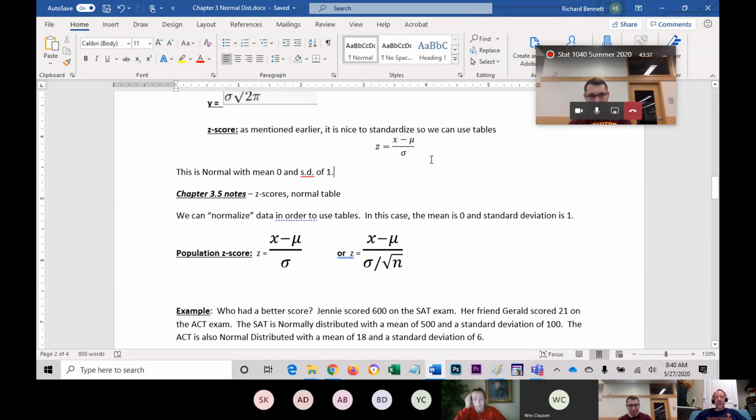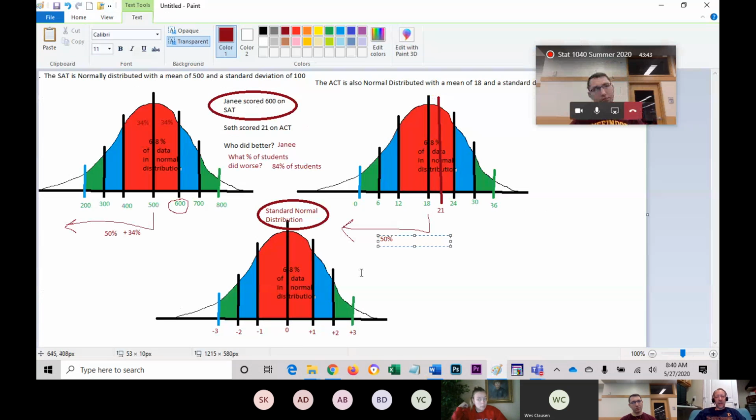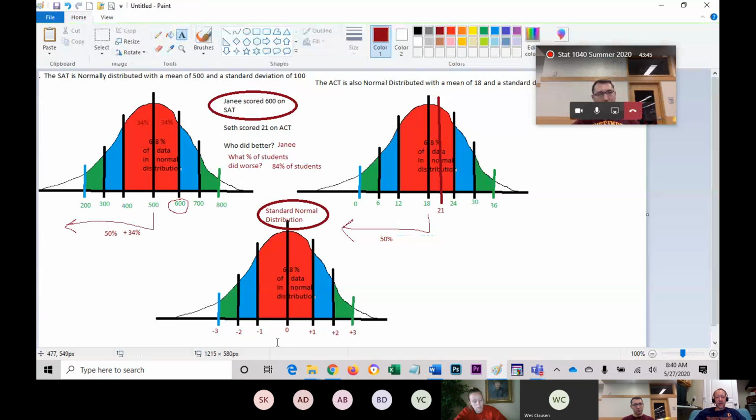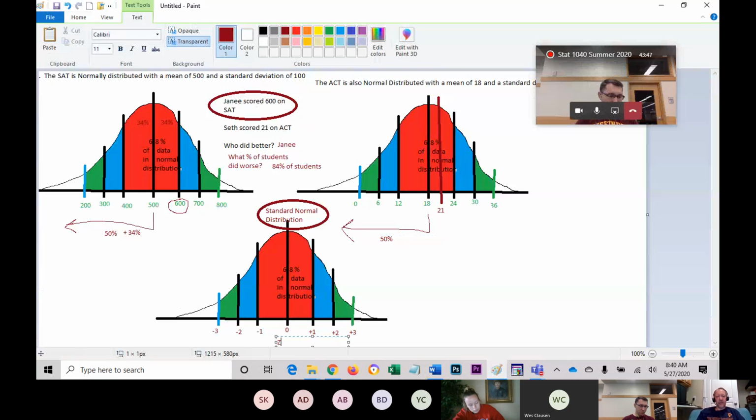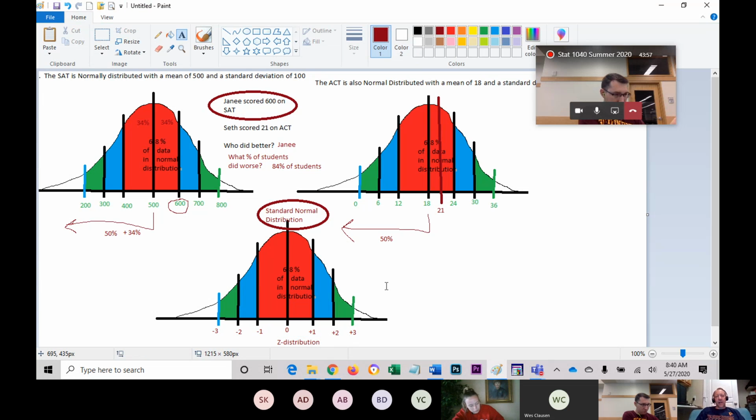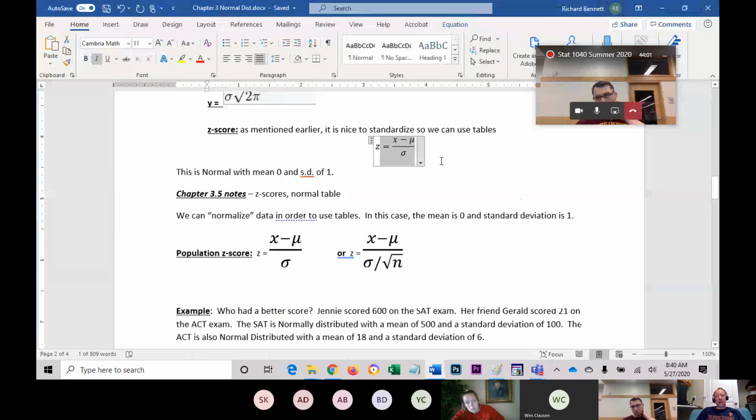In the book, they have this formula, z equals x minus mu over sigma. A lot of the time, this third distribution here, we refer to as the z distribution. And so the standard normal distribution is the z distribution. And so we can use this formula, x minus mu over sigma.